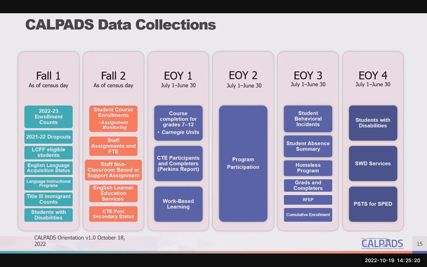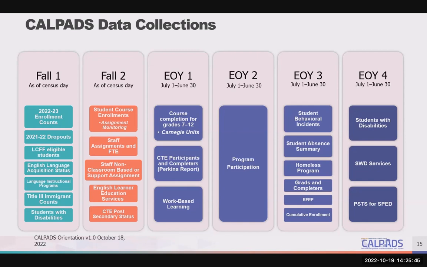EOY 3 also includes student absence summary for the calculating of the chronic absenteeism indicator, homeless program counts, graduate and completers, and this includes the regular high school diploma graduates, the Chesapeake completers, adult education high school diplomas, special education certificate of completion, and general education completers.